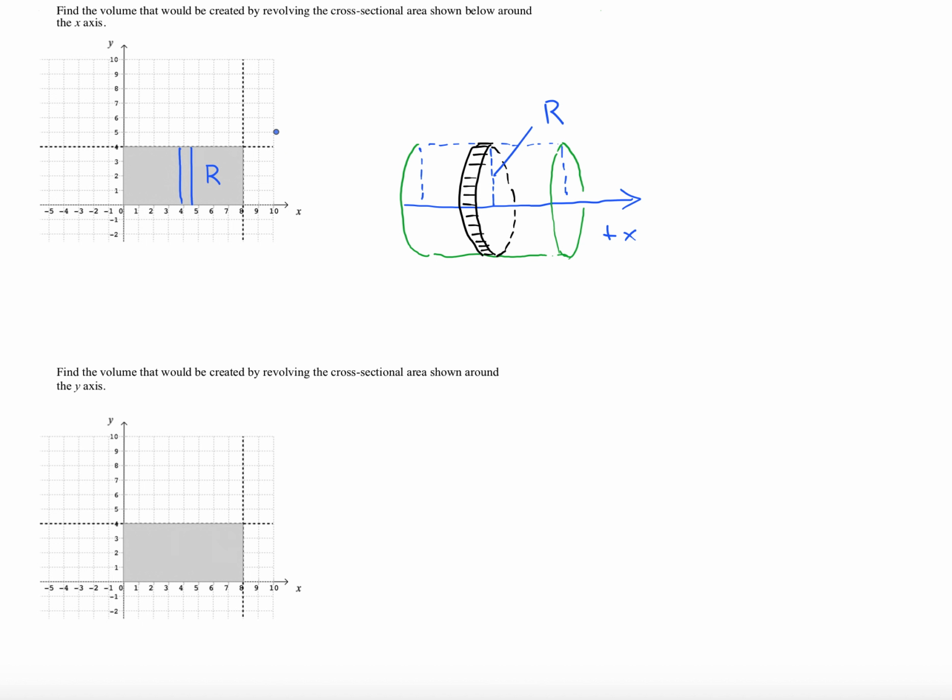So what's our function here? Well, the top of our cross section has the function f of x equals 4. That means the radius of every slice in my shape is going to be 4. So it's an easy one to start with.